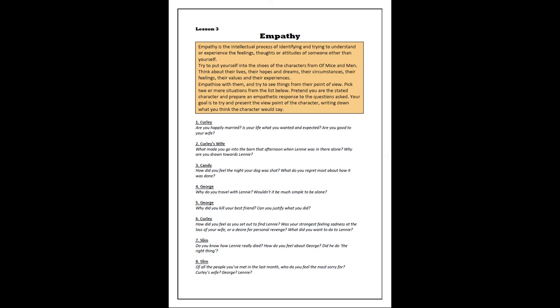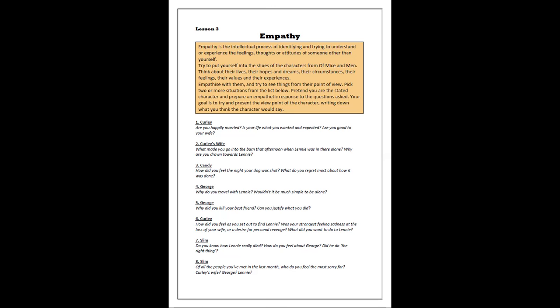We know that Curly is a bully. We know that Curly likes to have power over the other men. So that's one thing we could say. Am I good to my wife? Well, we know that Curly keeps his skin soft for his wife. He does lots of labor with his hand, and that may make his skin quite rough, but he puts Vaseline on his hand so that he can touch his wife in a soft way.